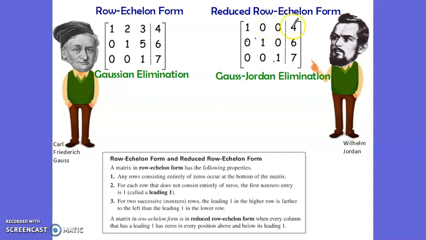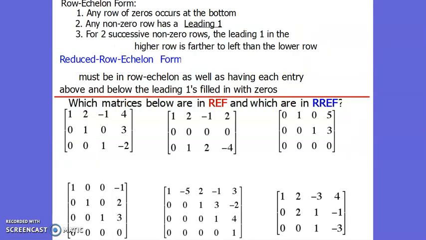And you'll notice that last column is still other numbers. Right? The rules to row echelon form and reduced row echelon form basically say any row of zeros has to occur at the bottom. So you'll notice in this matrix here, that's going to be a reduced row echelon form matrix, because we've got a row of zeros at the bottom, and you'll notice the ones at the far left, any non-zero row has a leading 1.